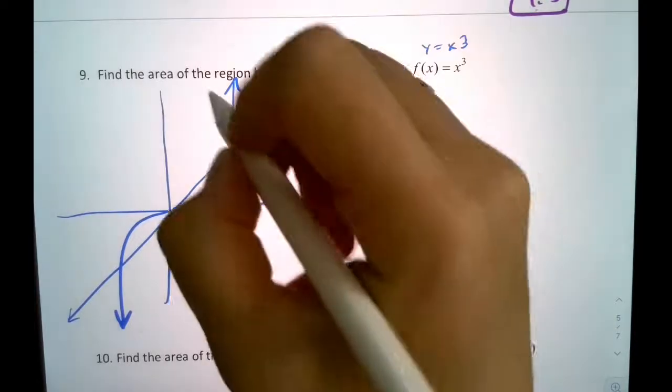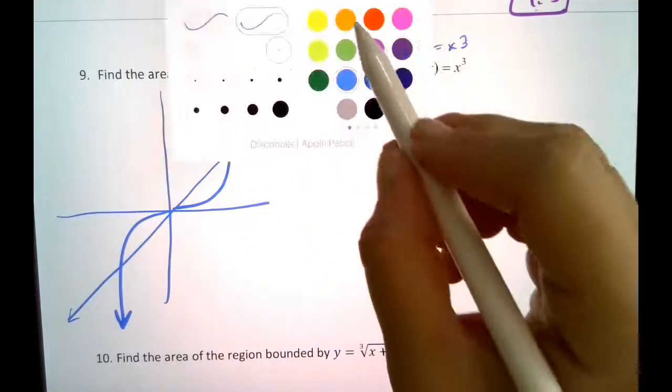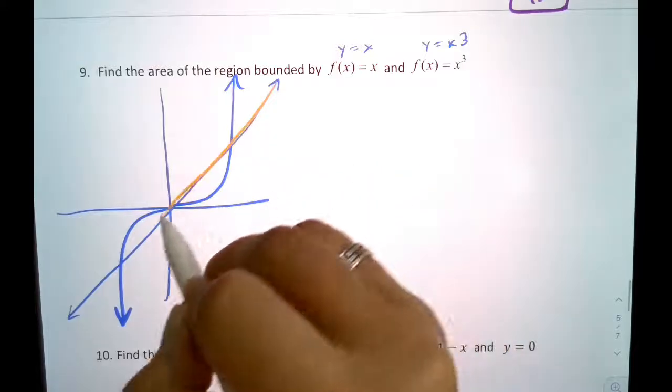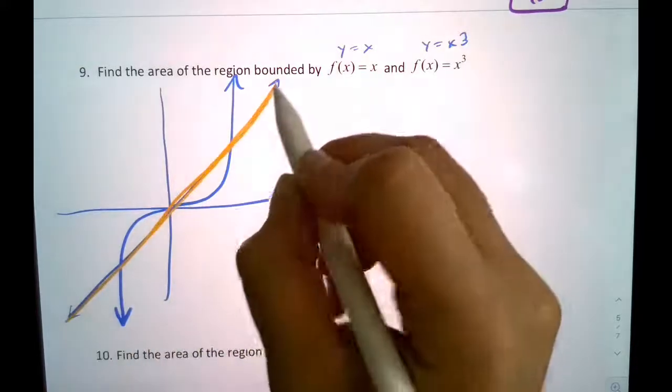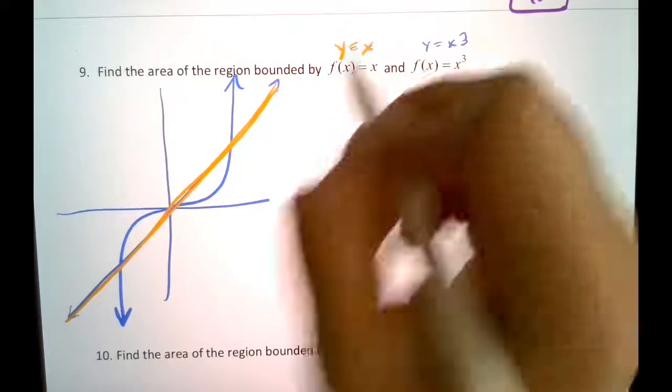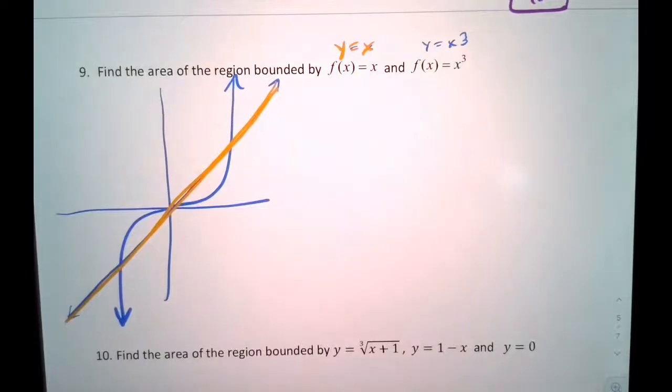And so I'll label them. Maybe I'll change the color on one of them to make it easier to recognize, right? There's y equals x. So I want the area of the region bounded by these graphs. And if you know about these polynomial functions, this line is going to keep going on, and this line keeps going down here on the left. They're never going to intersect again, right?